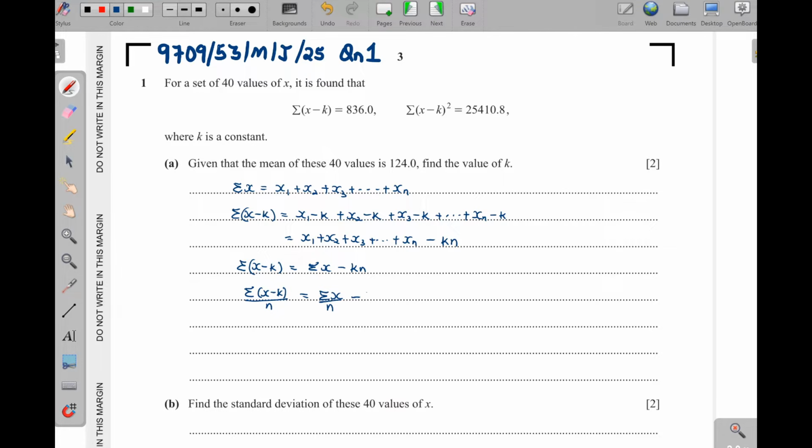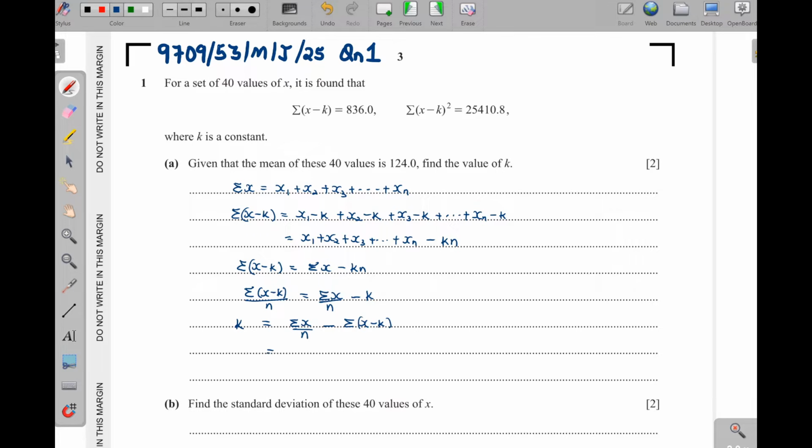Then minus kn divided by n, of course you get k. So this is the coded mean, summation of x minus k over n.